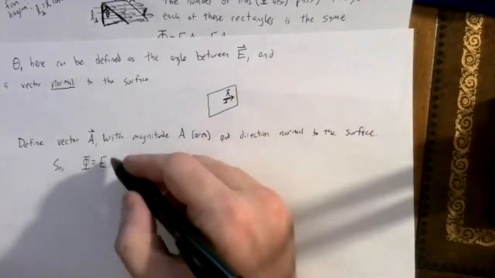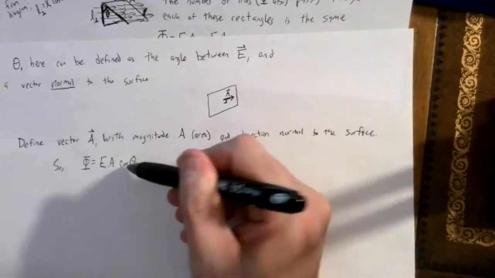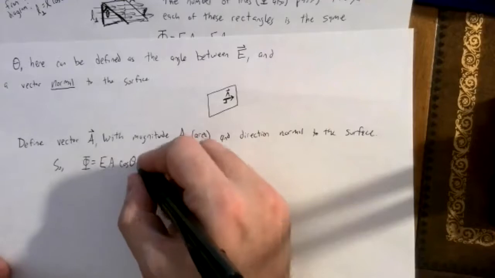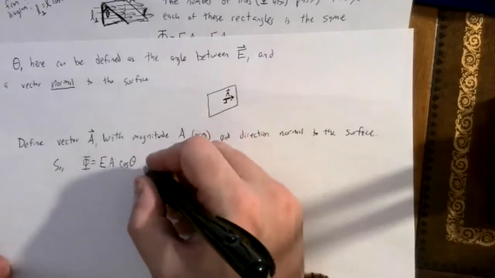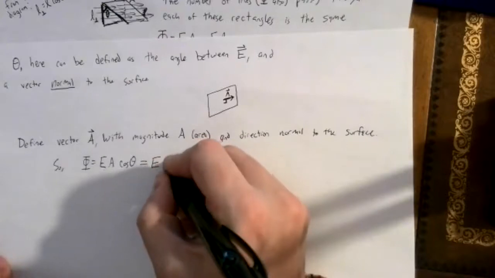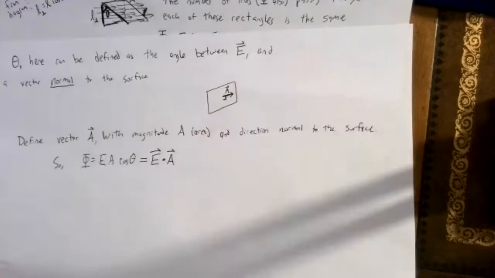So that's exactly what we have here. We have a magnitude of one vector, the magnitude of another vector, and the cosine of the angle between them. That's how we defined theta before. So that just equals our dot product, E dot A.